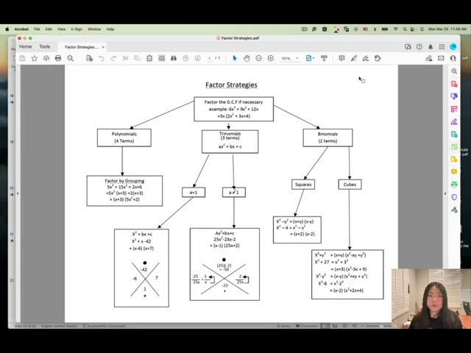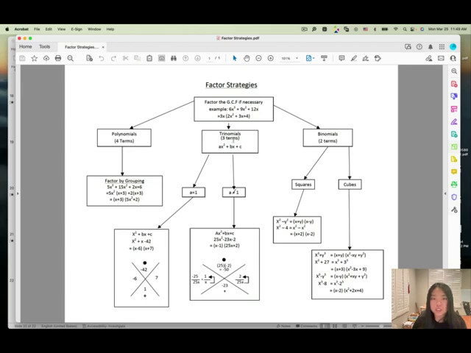Okay, factoring is pretty important, and I will attach these notes for you guys on Canvas. So this is the factoring strategies. First step, you're gonna factor the GCF if necessary, and this is just the example. Okay, after that, you're gonna determine how many terms you have. If this is a 4 terms polynomial, you will be using factor by grouping. Okay, factor the first two group, factor the last two group, and then find out the common factor.